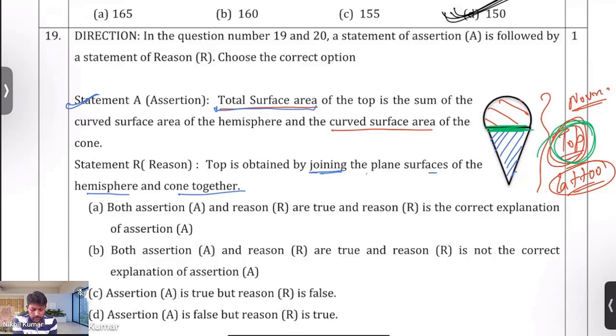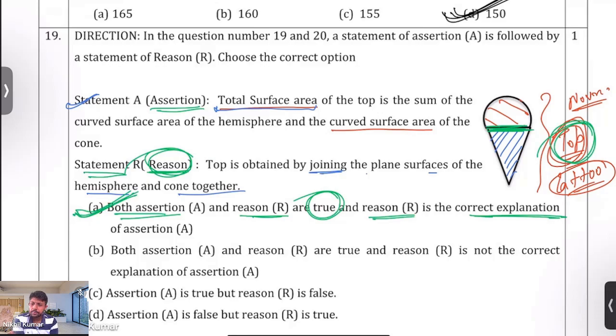So the statement given as reason seems to be the correct explanation of our assertion. So the correct answer has to be both these statements are true and this is the correct explanation. So I would say this is the answer.